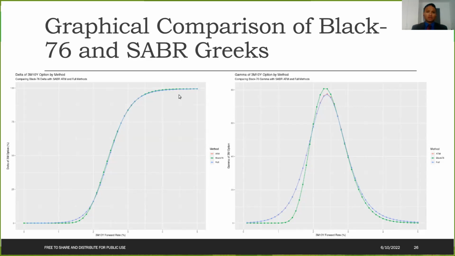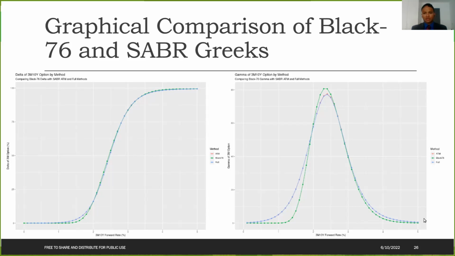So you can see that for delta, the Greeks under SABR track pretty closely, except for in this region where you're seeing deep out of the money options. You're seeing a bit of a mismatch there, and again that comes from the backbone correction, and you would expect to see that.